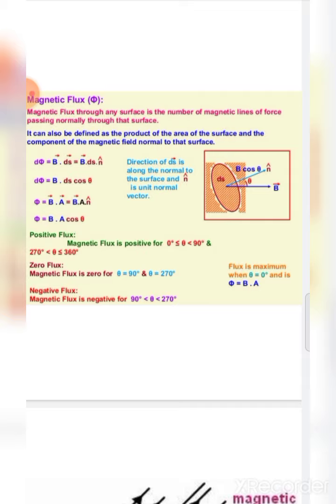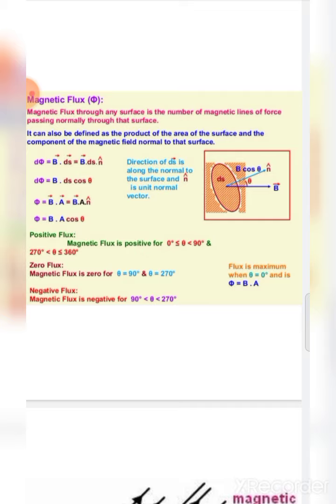The unit for magnetic flux is Weber. Another unit is also there, that is Tesla meter squared. Therefore, 1 Weber is equal to 1 Tesla meter squared. So, we discussed here two types of flux, positive flux and negative flux. If the angle theta lies between 0 and 90 degrees, then the flux is taken as positive.